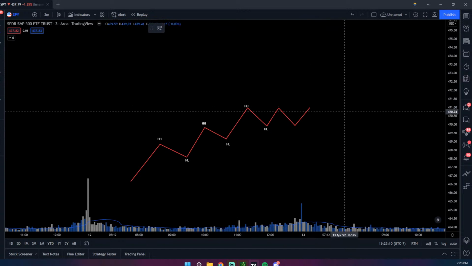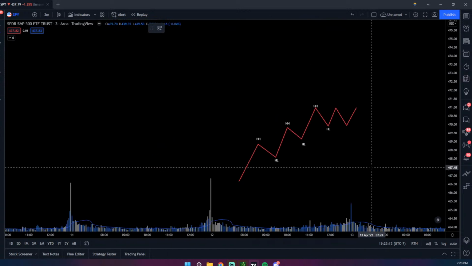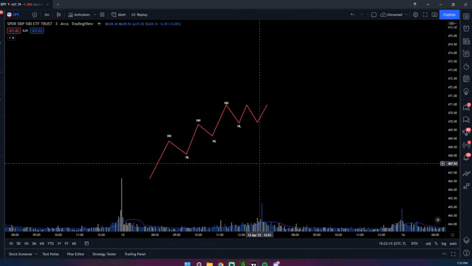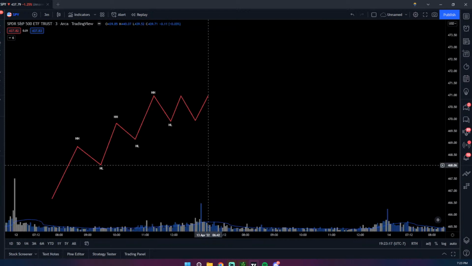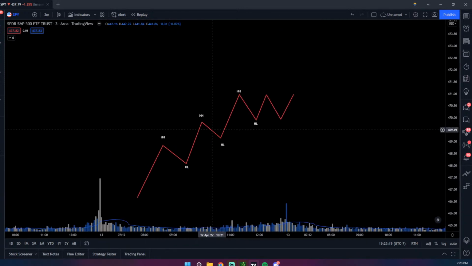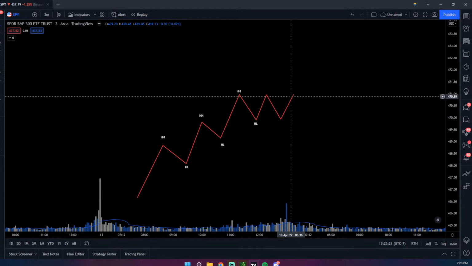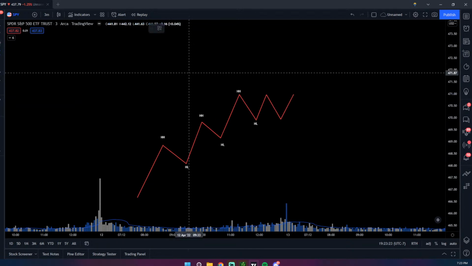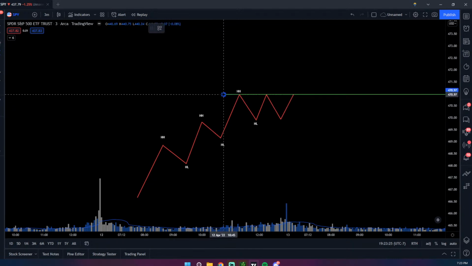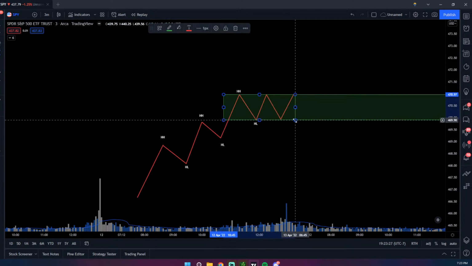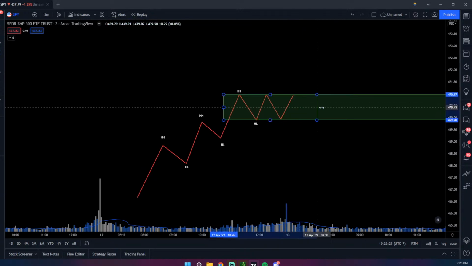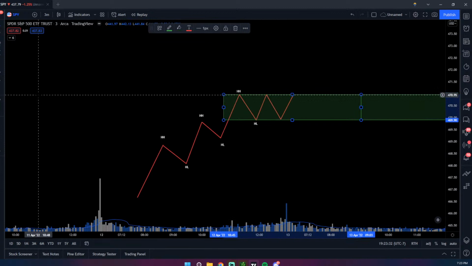So this is our uptrend. I don't like the way this looks though. There we go, that's a little bit better. So this is our uptrend, right? This is consolidation. And when we have consolidation, we want to put a box around it. And this box becomes a measured movement.